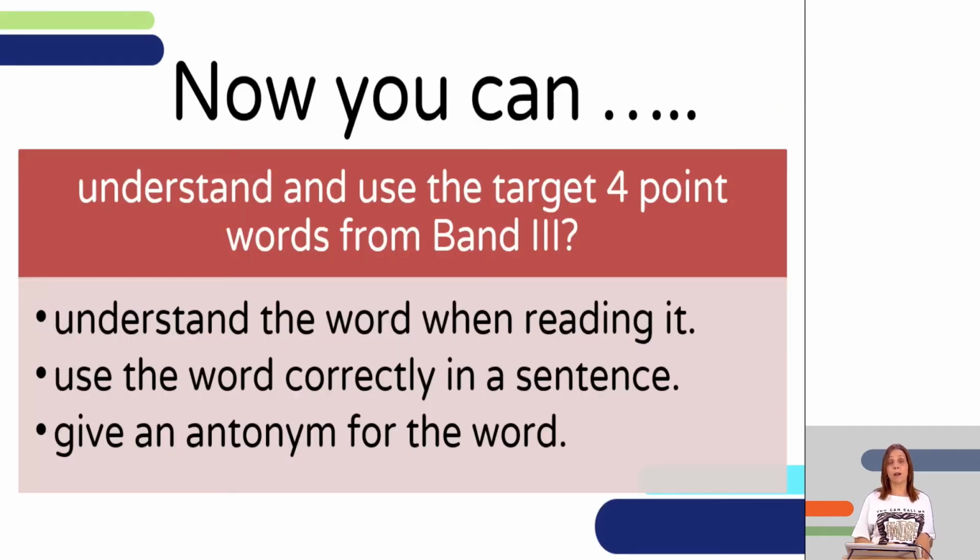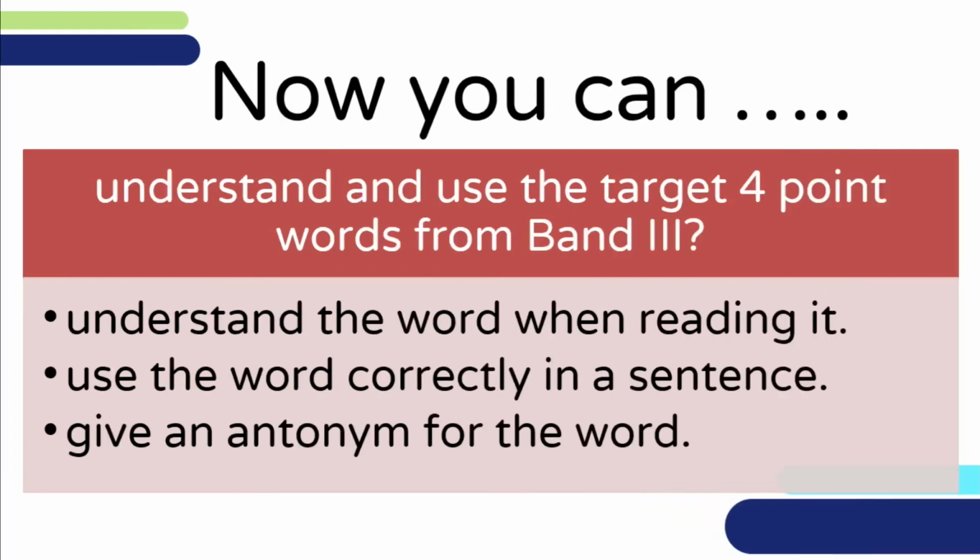So by the end of this lesson, I hope we were able to understand the 10 words when reading them. So now if you encounter these 10 words, I suppose you are able to understand the words when reading them. You are able to use the words correctly in a sentence. You are able to give antonyms for these words.